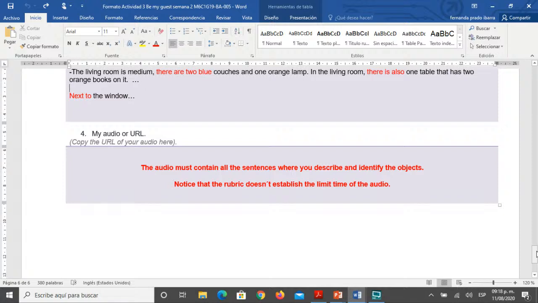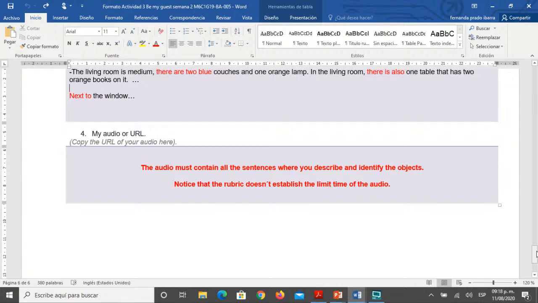And please don't worry about the time that the instructions of the activity indicate, because according to the rubric, there's no penalty if you exceed the time of the recordings. Okay, so please don't worry about this. You can record your audios with patience.